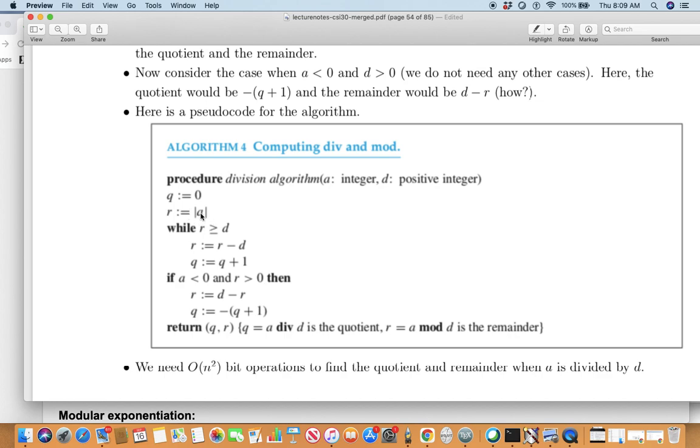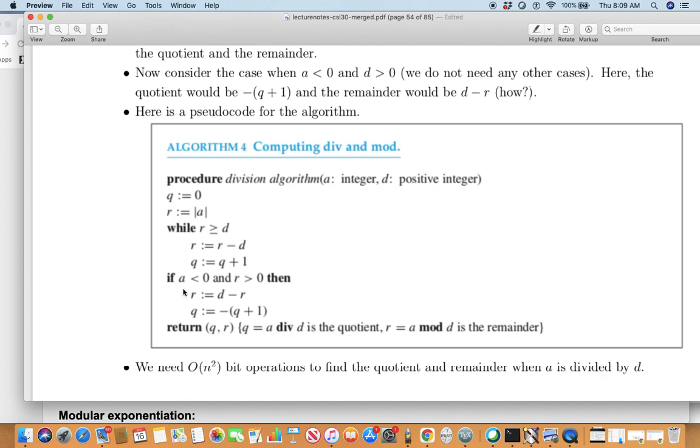While my remainder is greater than or equal to the divisor, so as long as I have a remainder which is bigger than or equal to the divisor, I reduce. Remember, division is repeated subtractions. I reduce my remainder by D. Every time I subtract, I have to add to my quotient.